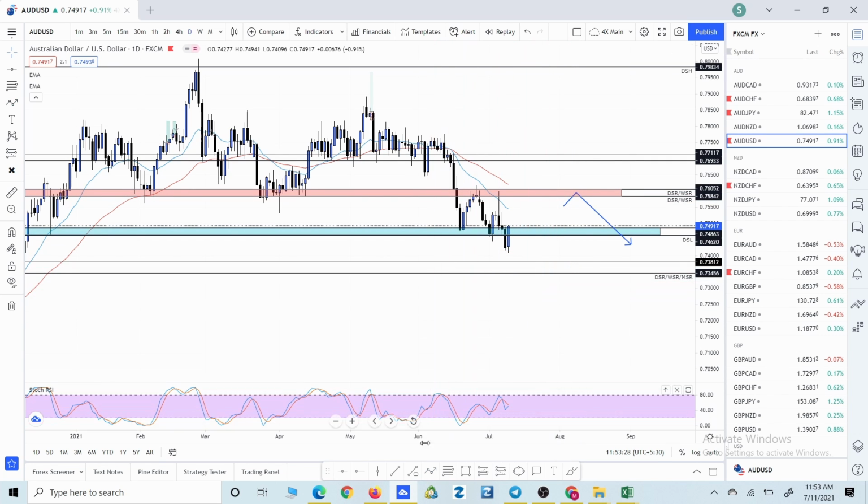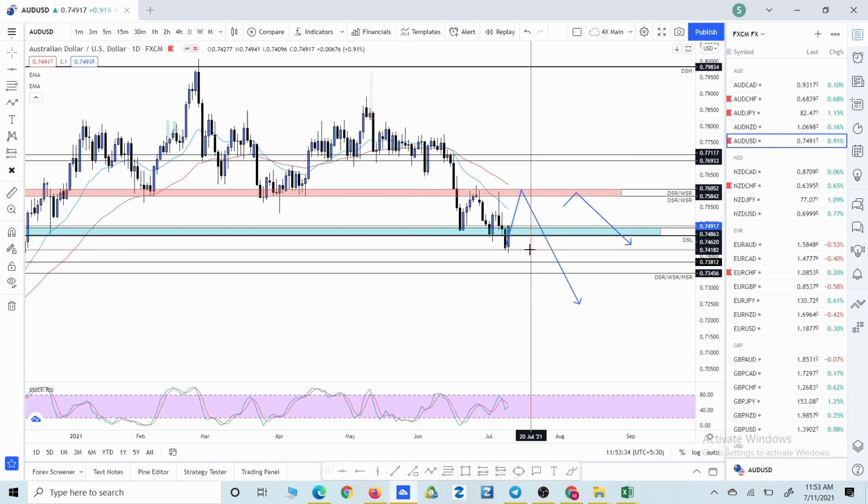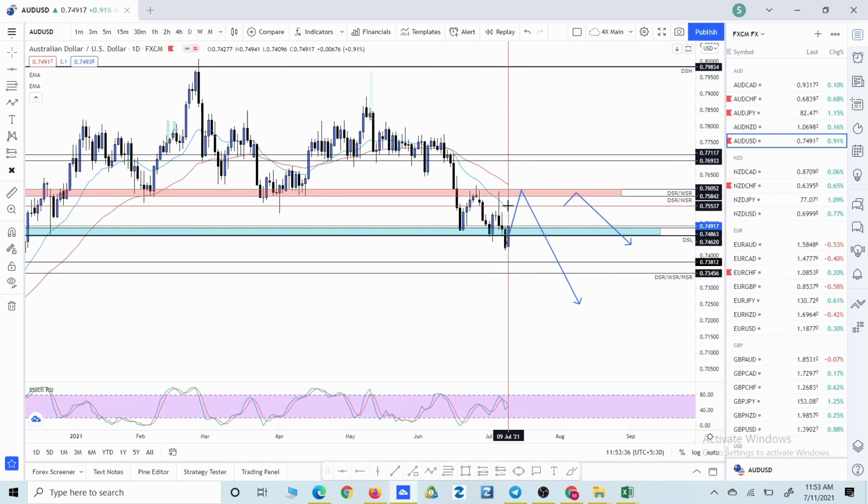Now, if the price retraces here, what will be the confluence factors which are going to act in our favor? You can see the 20 EMA is below the 50, and the 50 EMA can act as a resistance to the price. That is another confluence.